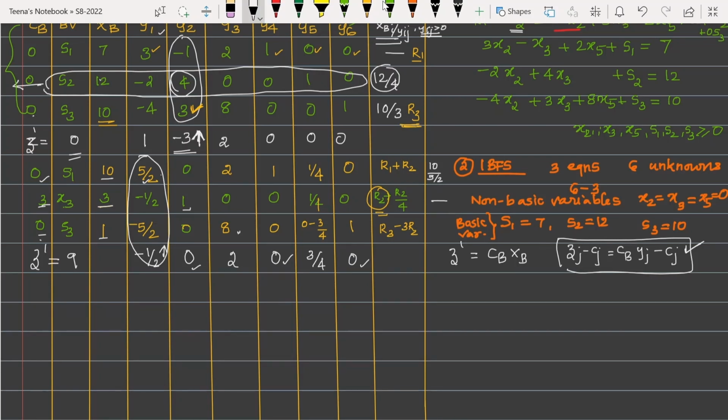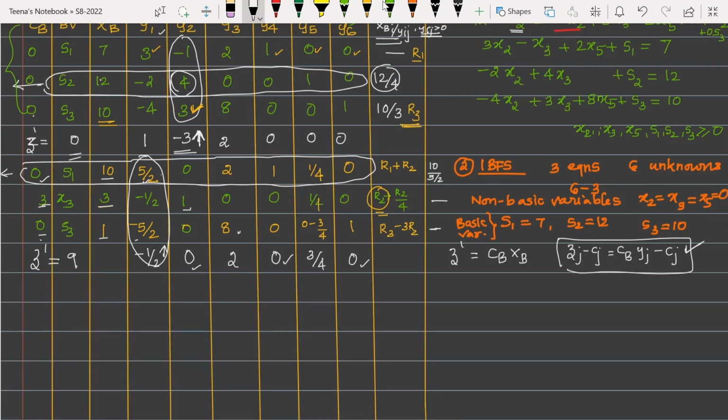It should strictly be greater than 0. So the second ratio cannot be taken. Similar is the case with the third ratio. The denominator will be minus 5 by 2 and that is not acceptable. So there is only one ratio and hence the variable corresponding to this first row leaves the basis. So this is the leaving row.